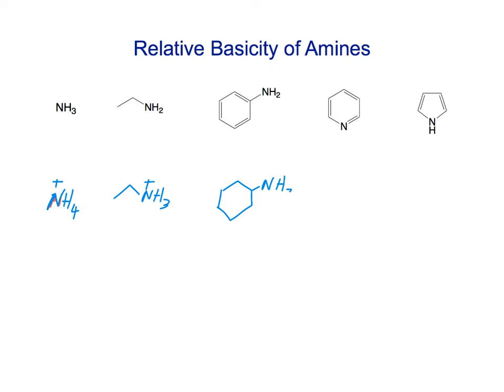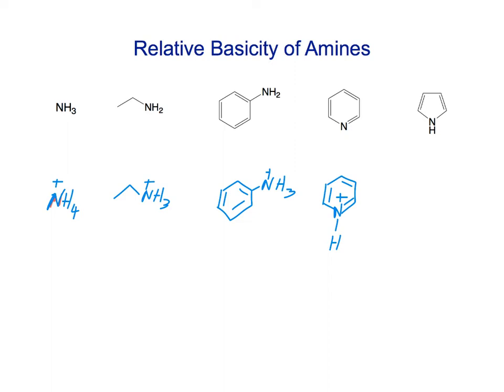Here's the conjugate acid of aniline. The conjugate acid of pyridine. This is the pyridinium ion.